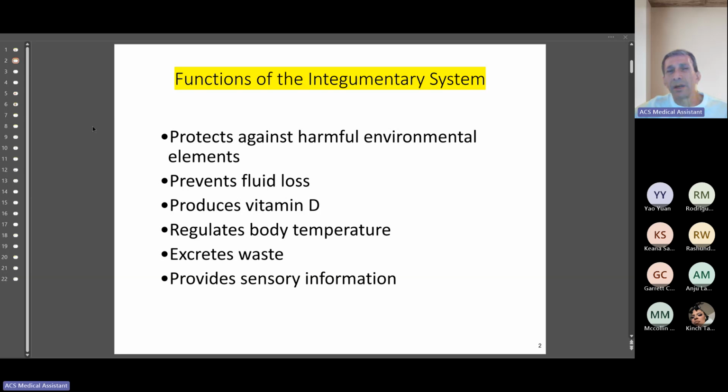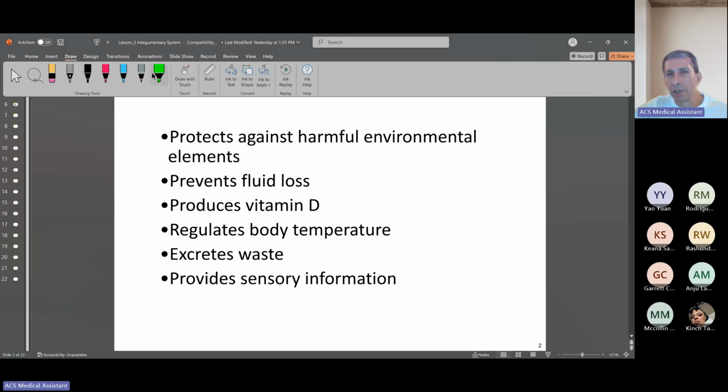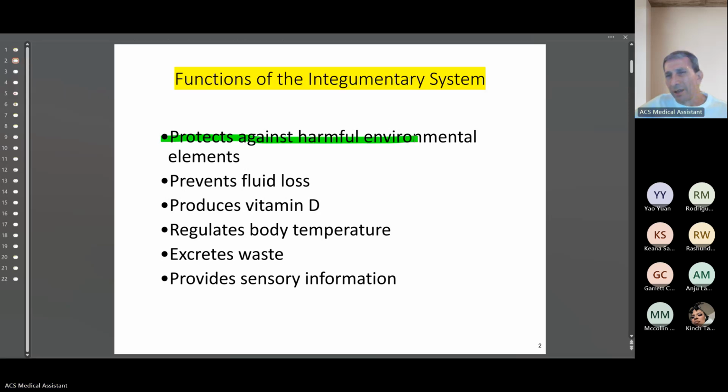So it says right there, number one, it protects our body against harmful environmental elements. How's that? Remember, the skin is like this barrier on the outside. So everything that needs to get inside our body has got to pass through the skin.